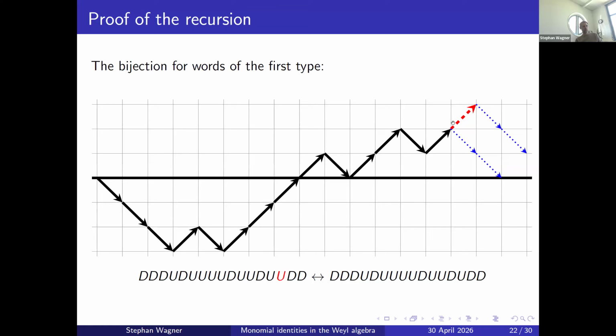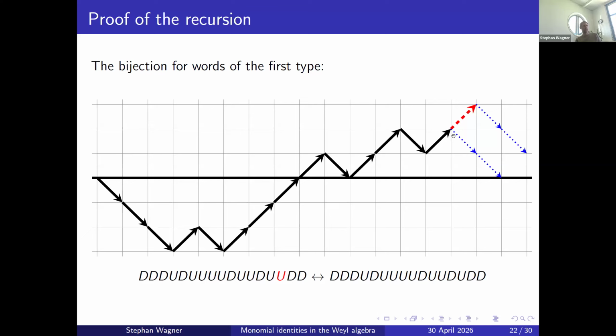So I remove the last U, which means going down from this final peak. And then I get a shorter path that already goes down here. But this still corresponds to an abnormal word, as you can convince yourself, and it represents a bijection.